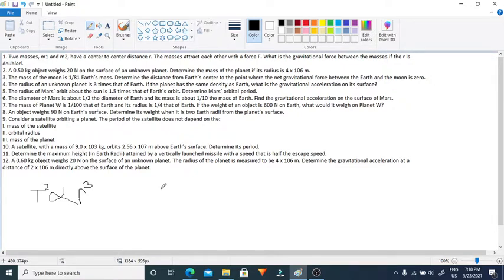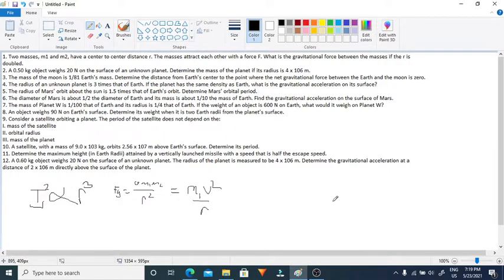So now we have to determine if the mass of the satellite matters or if the mass of the planet matters. So in order to find period, what do we have to do? Well, we use this equation once again, as we always do, G m1 times m2 over r squared, which is going to equal the centripetal force, the mass of the object times v squared over r.